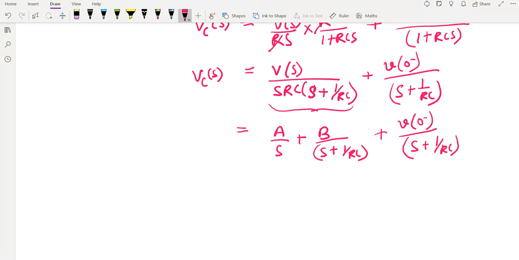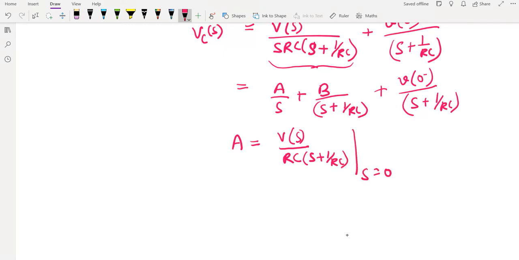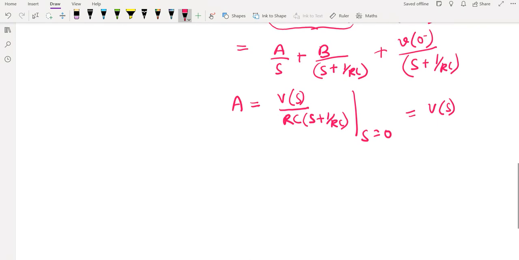Okay, fine. Now we have to find the constants A and B. So how to find? A is equal to V(s) upon RC, (s plus 1 by RC) at s equal to 0. So when we put it, we will get A equal to V(s).